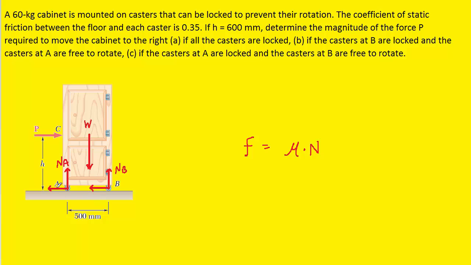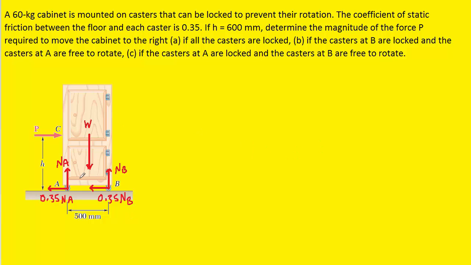So over here at A, we can write the coefficient of friction, which is 0.35, multiplied by the normal force at A, so NA. And then over here, we would have the coefficient of 0.35 multiplied by the normal force at B.